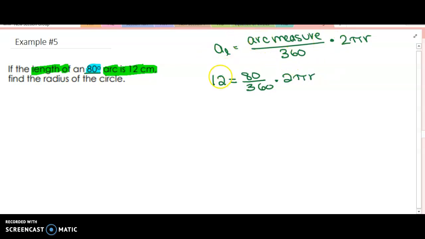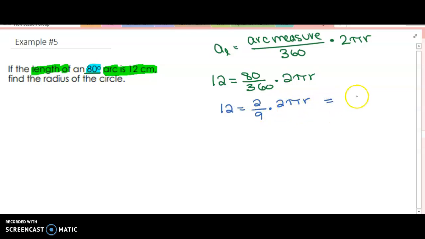Okay, now 80 over 360 does reduce. So let me put that in, 80 over 360. That reduces to 2/9. So 12 equals 2/9 times 2 pi r.